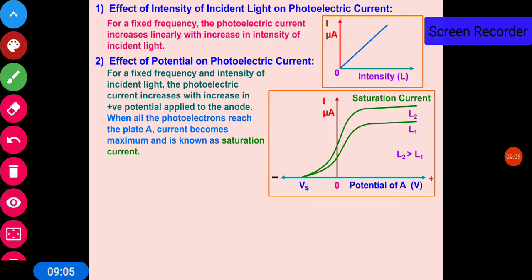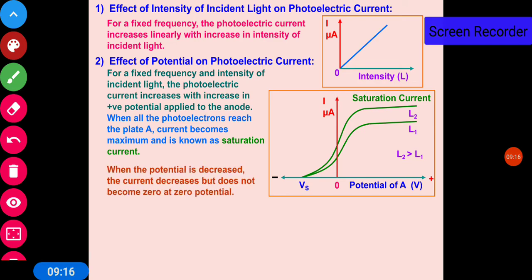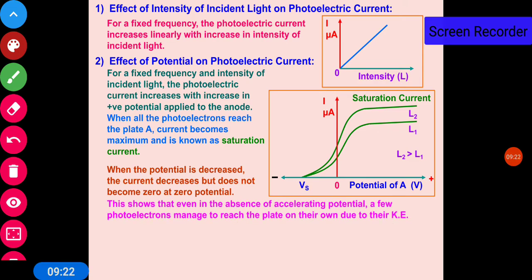When the potential is decreased, the current decreases but does not become zero at zero potential. This shows that even in the absence of an accelerating potential, a few photoelectrons manage to reach the plate on their own due to their kinetic energy.